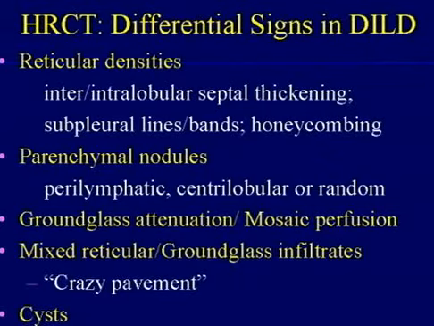The only other options then, and there are several, just trying to remember off the top of my head, we do all of our cases supine. We do not routinely do prone imaging, although there are obviously cases where prone images of the lung bases make a lot of sense. If you think there's early disease in the lung bases, putting someone prone makes a lot of sense, but we don't do it routinely. The other thing that people will do, and there are some places that do this routinely, is a series of expiratory scans.